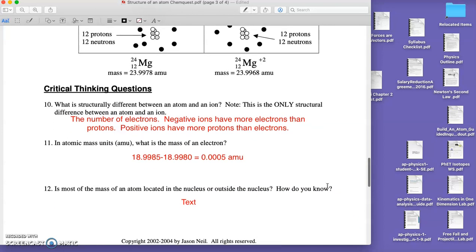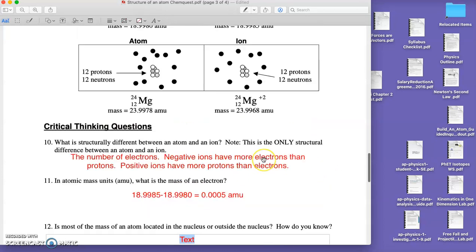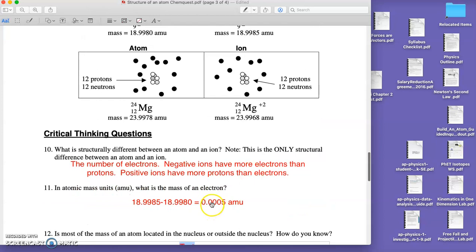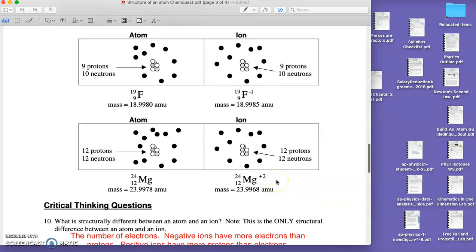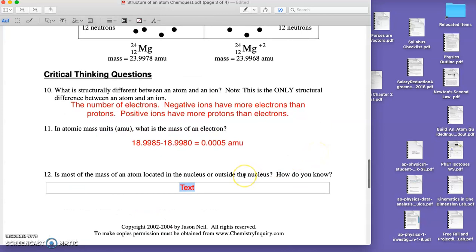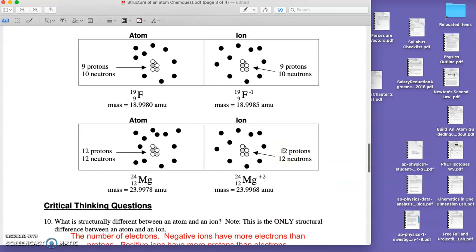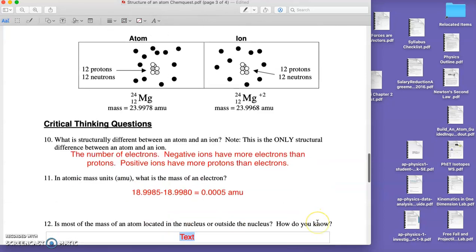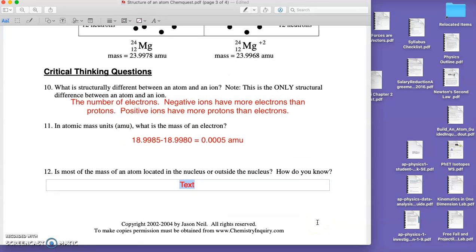Is most of the mass of an atom located in the nucleus or outside the nucleus? How do you know? Well, let's say we know the mass of an electron to be 0.0005 AMUs. Here I only have 10 electrons. I take 10 times that, it's 0.005. And this is our total mass. So therefore, we know most of the mass lies in the nucleus, okay?